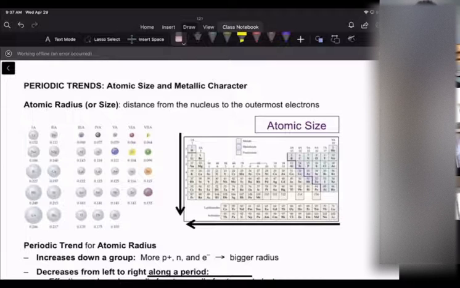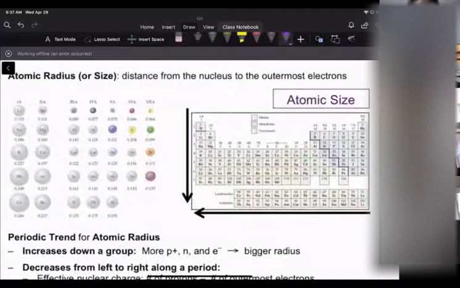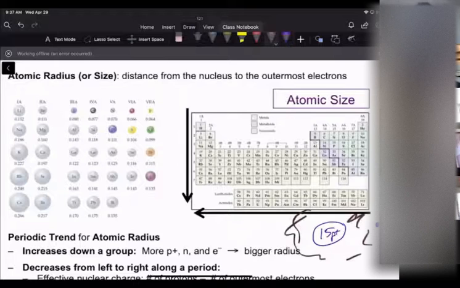All right, this trend, this one is a little bit harder to understand because we're really thinking about how many protons are in the nucleus. Let's talk about phosphorus. Phosphorus has 15 protons in the nucleus. And then I'm going to look at the electron number 15. In this area, I'm talking about 14 electrons, and then I'm going to look at the outermost electron, the 15th electron that was added.